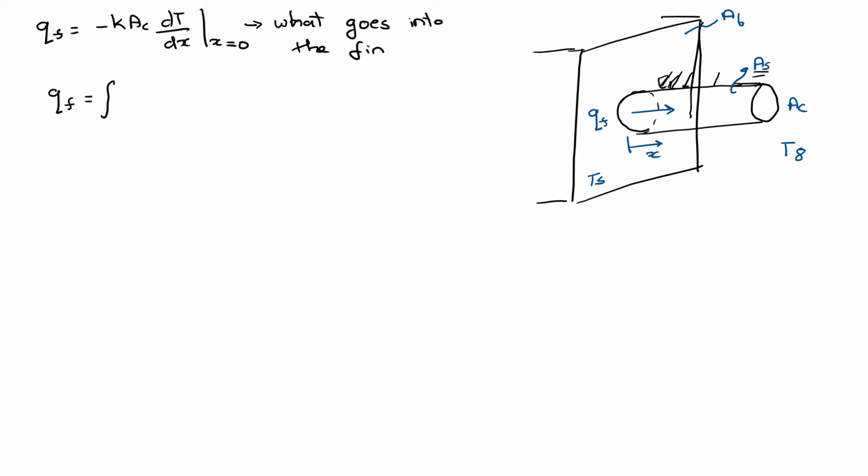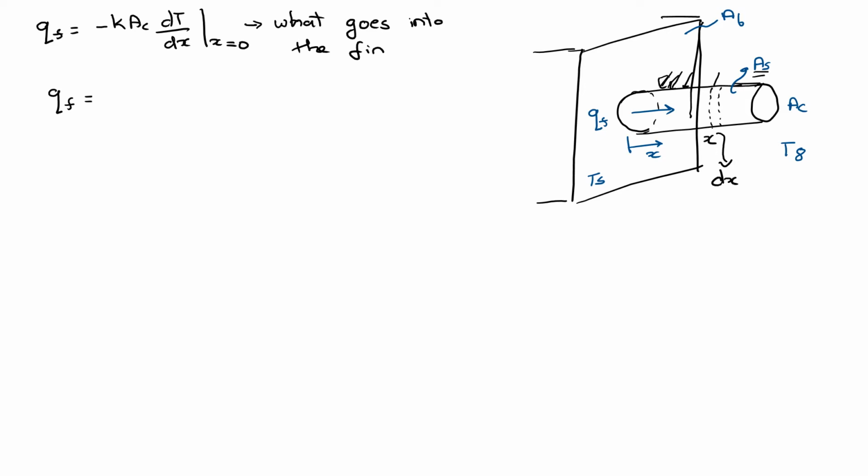So let's say we have a small tiny particle at a location x, and the thickness of this particle is, say, dx. So what will be the convective heat transfer across this small particle? Let's take a different color.